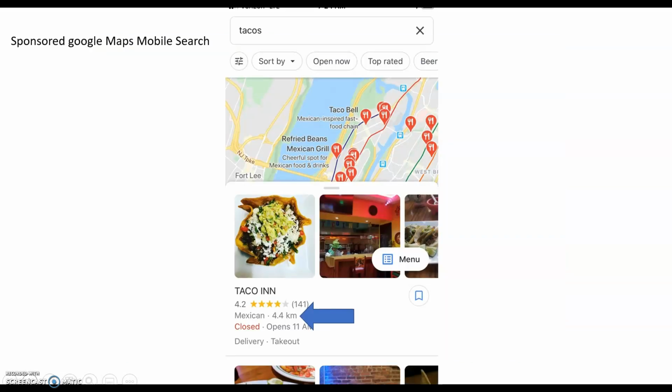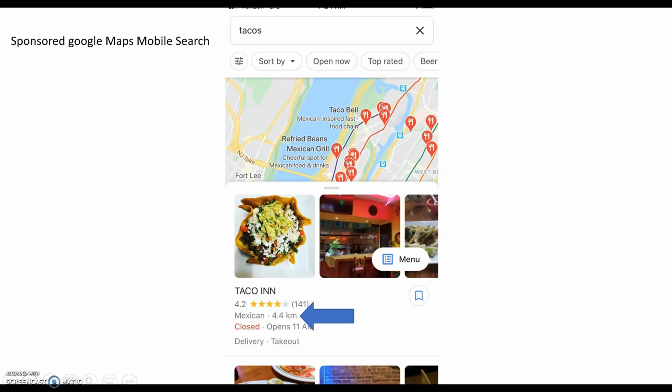Oh, this belonged earlier. I'm so sorry, everybody. The point here is this is the sponsored search on a mobile phone, which is tied to Google Maps, as we all know. I just want to show it to you, but we all know the sponsored ones. When I do a search for tacos, which I've been known to do from time to time, or Mexican food, which I do even more because I love Mexican food, this comes up, and look at the order.